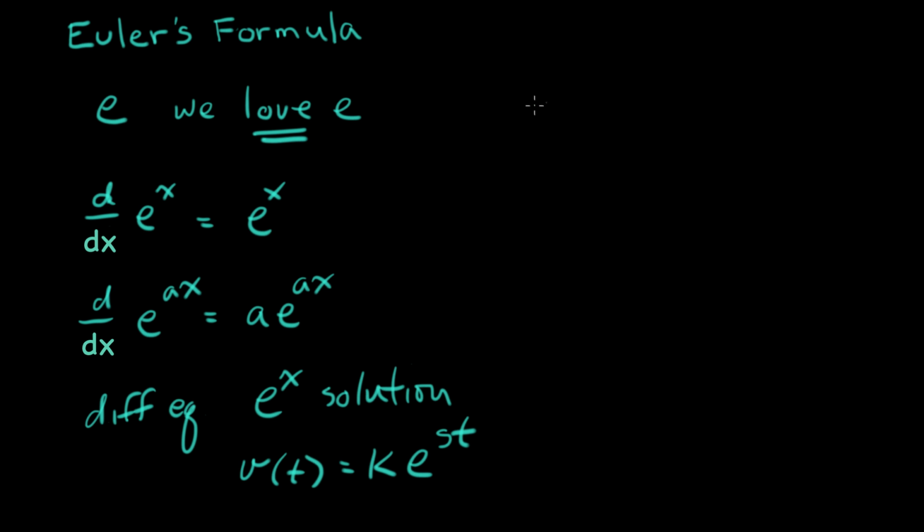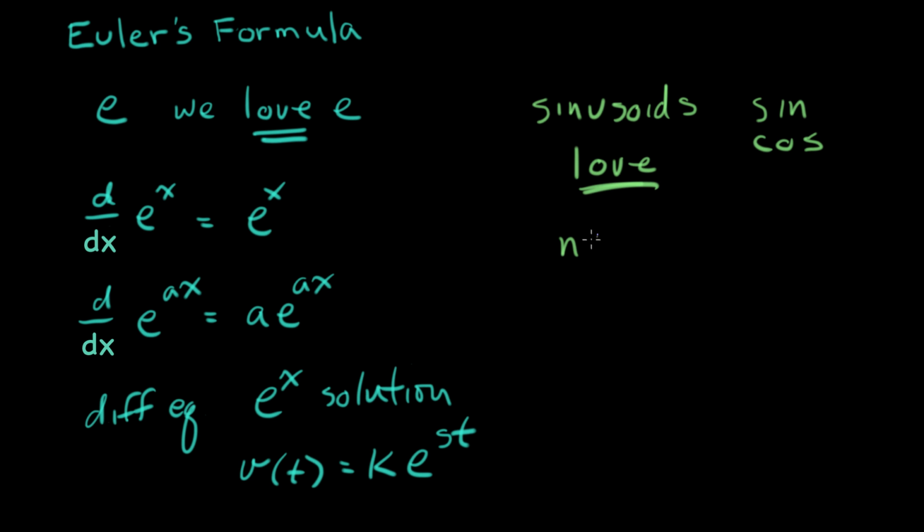So there's something else we love too, and that is sinusoids, or sines and cosines. Okay? We love these. And that gets two lines. Now, why do we love these? It's because they happen in nature.